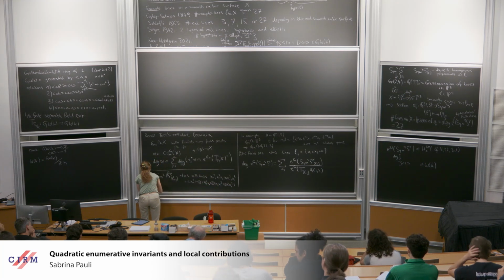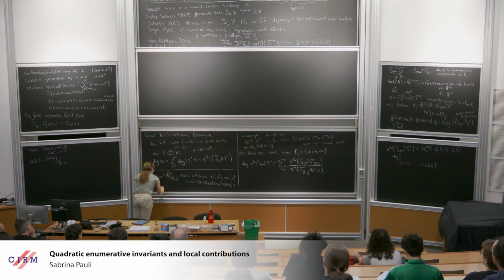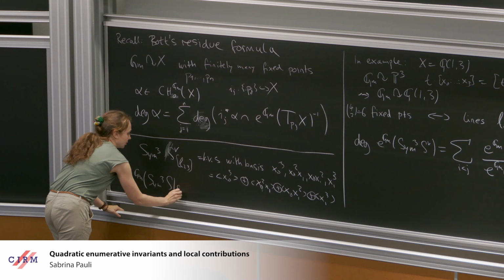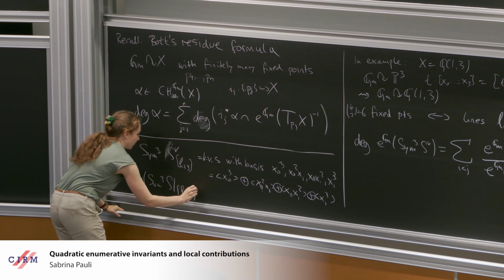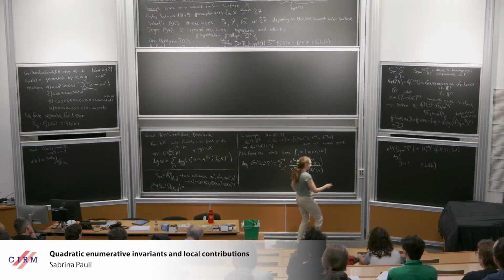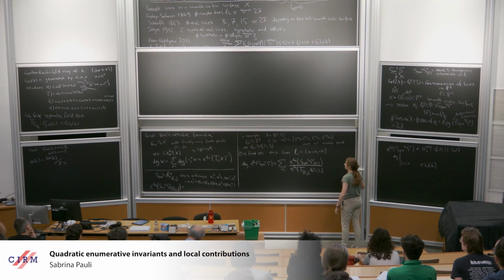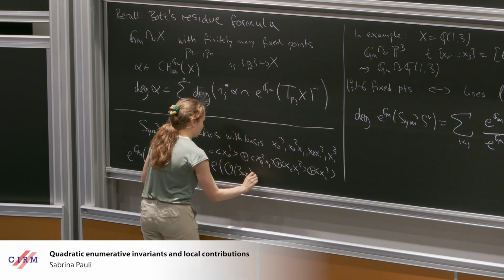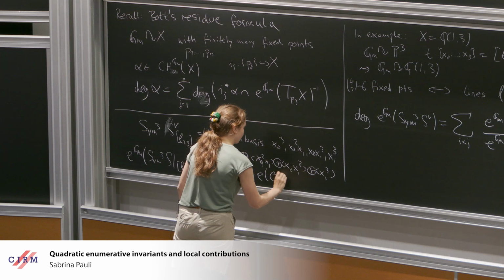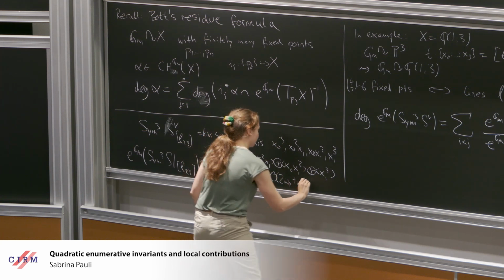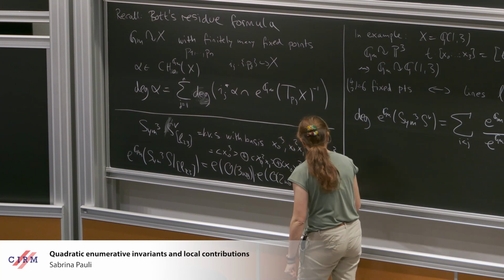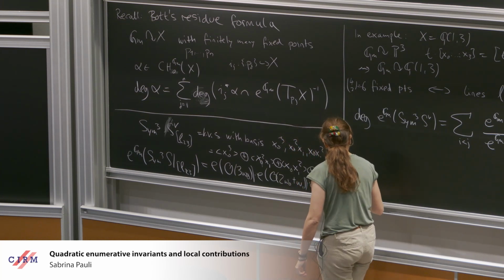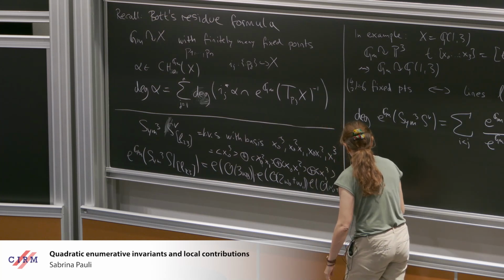And it will be just the following. You just have to take the Euler class, or the first Chern class, of O of, so here we have weight W0, so we'll get 3W0, E of O of 2W0 plus W1, times E of O of W0 plus 2W1, times E, the first Chern class, of O of 3W1.